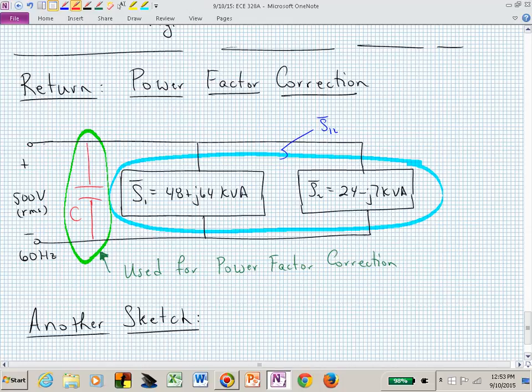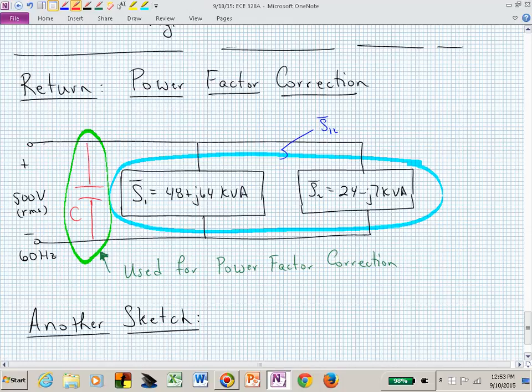Regular households are pretty much going to have a power factor close to 1. On your bill, I don't think you'll see, on a residential power bill, a power factor indicated at all. You're just going to see kilowatt hours. That's how much energy you are demanding over the course of a month.